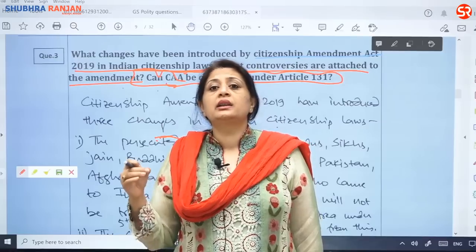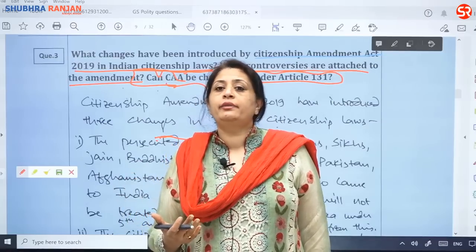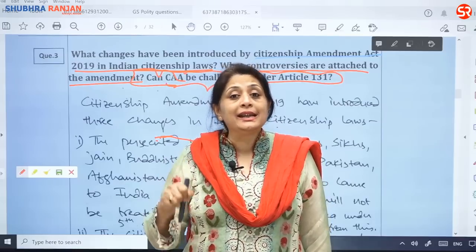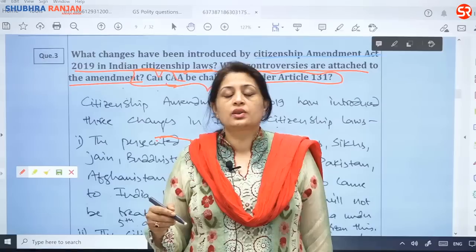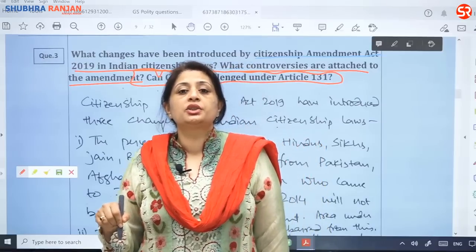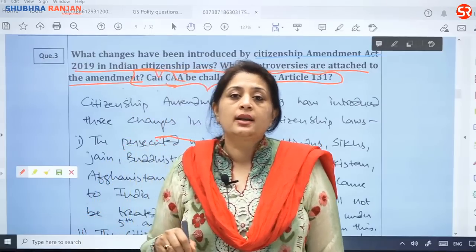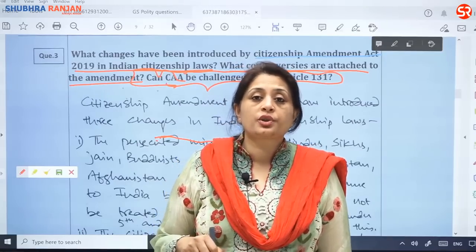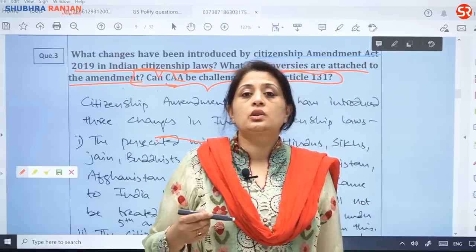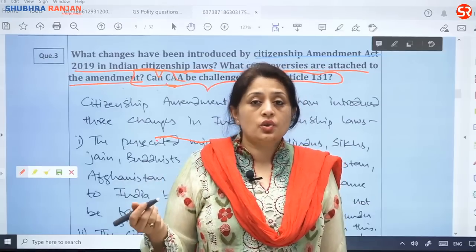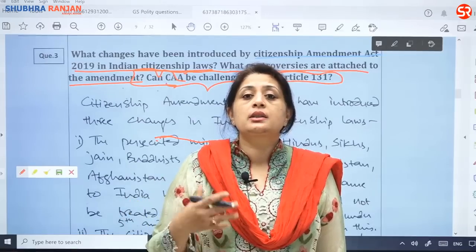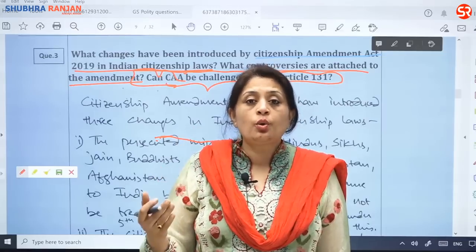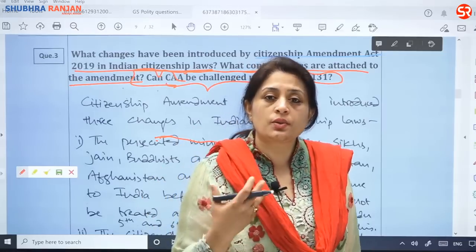So definitely there is a possibility, and if you see, most of the articles are against the decision, and they believe that the Citizenship Amendment Act violates Article 14 and the secular dimension of the Constitution, and this has also been challenged in the Supreme Court. So again, it is a matter which is sub judice, but we also need to know what the government's point of view is.